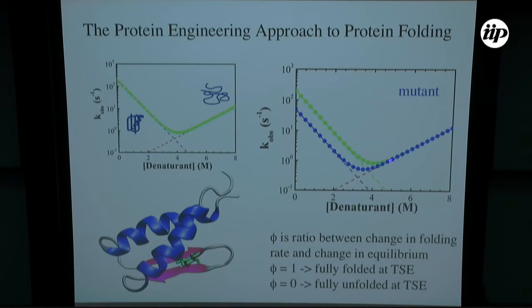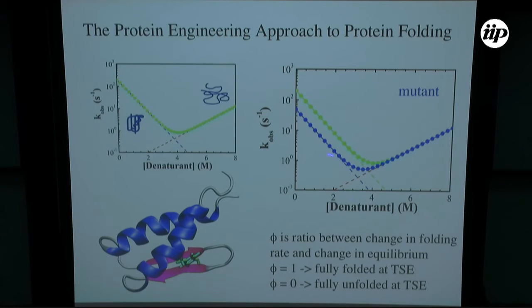And you have a destabilization. And the way you see the destabilization, as a first approximation, is by the shift in the midpoint here, this tipping point, right? And if you know the M value from the protein and the M value didn't change with the mutation, which again is a whole set of approximations, but to a first approximation it works, then you can infer the delta delta G, the same one that you can measure in equilibrium, you can measure kinetically by just looking at this position versus this position, seeing how much the midpoint is changed, and converting to free energy by multiplying this by the M value.